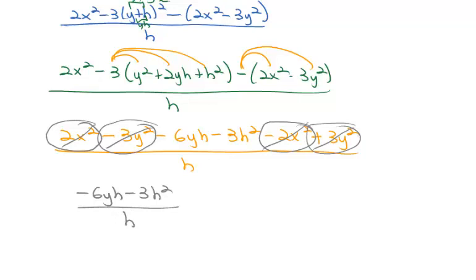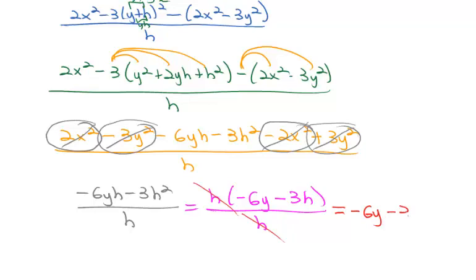And we know before reducing, we have to first factor out the h, giving us negative 6y minus 3h all over h. Those h's divide out, and we get our final answer of negative 6y minus 3h.